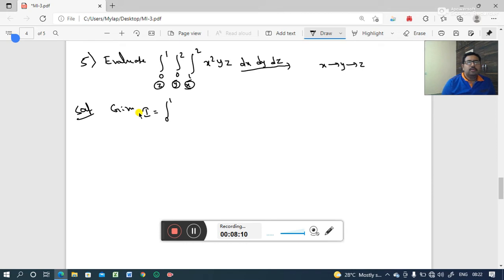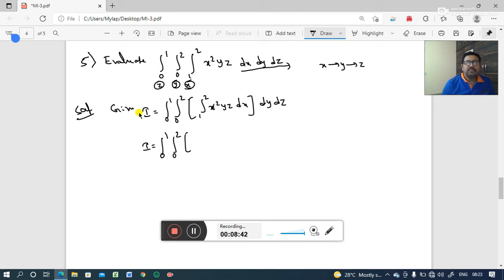Then the second integral you write as it is, integral from 0 to 2, and the third integral is with respect to x, that is integral limits 1 to 2, function x square yz into dx then dy dz. So I is equal to the first integral 0 to 1, second integral 0 to 2.